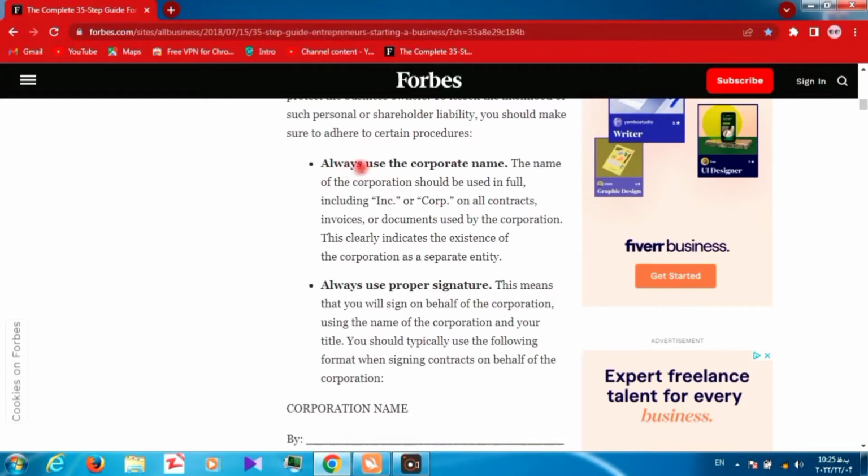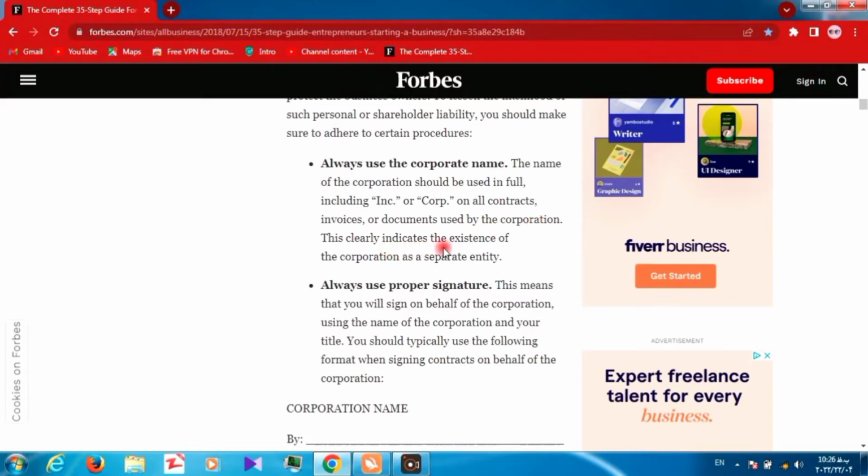Procedure number 1 is always use the corporate name. It means you should always use the company name. The name of the corporation or company should be used in full, including Inc. or Corp. at the end, on all contracts, invoices, or documents used by the corporation.